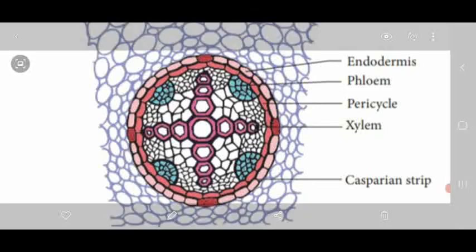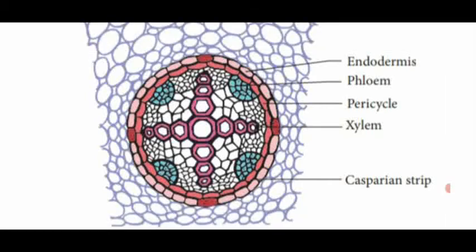The protoxylem which is facing the margin or periphery, what type of xylem is that? Exarch xylem. Okay. Then how many protoxylem elements are there? 1, 2, 3 and 4. So the condition of xylem is tetrarch condition.